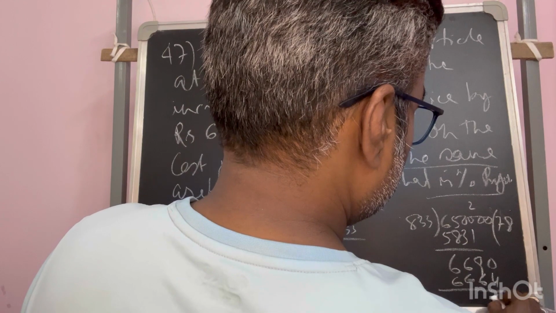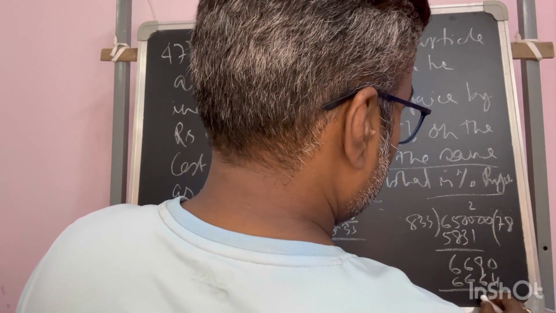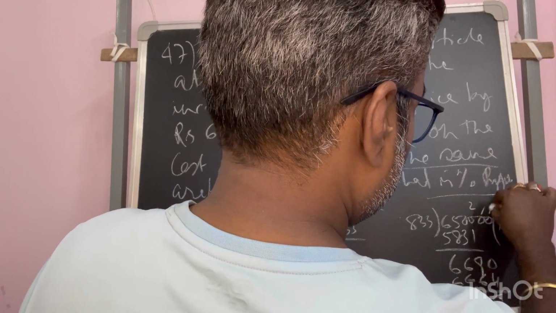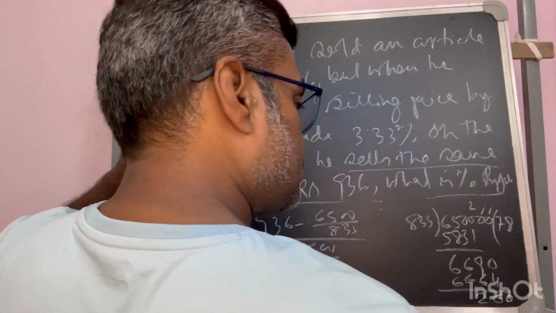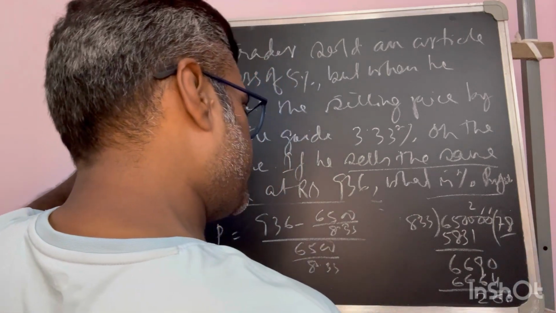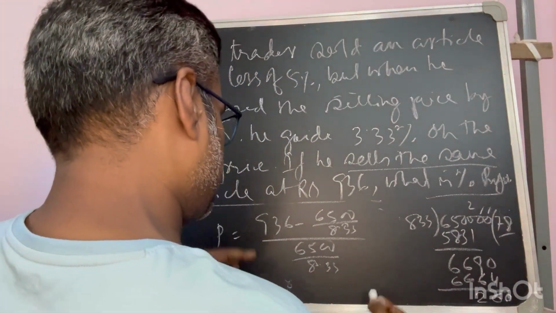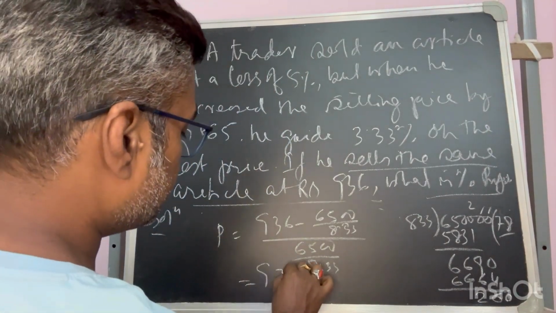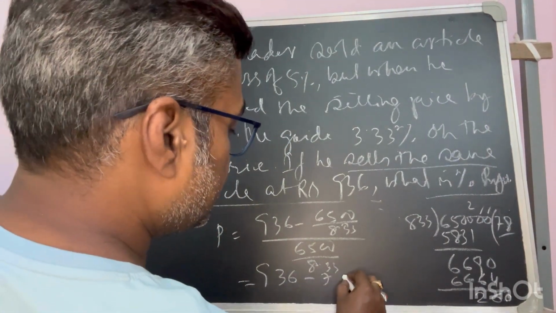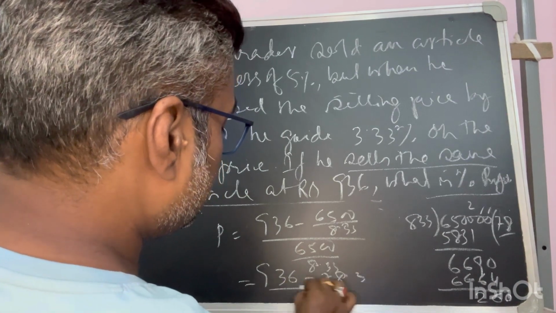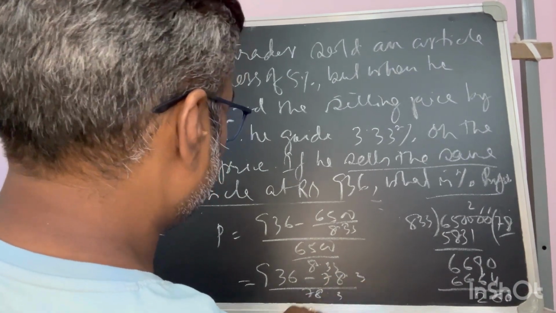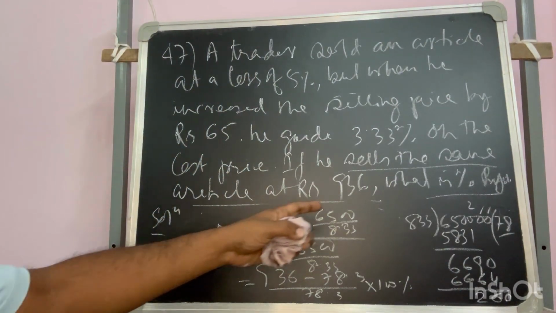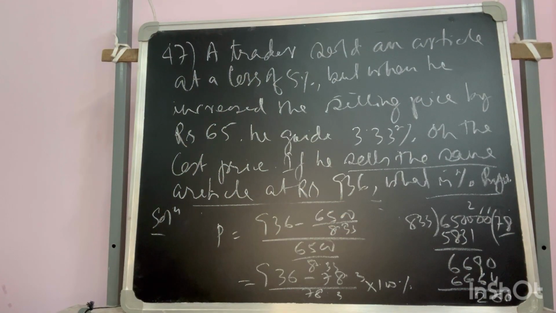So this is equal to 6, this will be equal to 2, and this I have taken. This is the remaining. So this is around 78.3, approximately 78.3. So this will be 76 minus 78.3 upon 78.3 into 100. So you can calculate it yourself, because the percentage profit is what is needed.